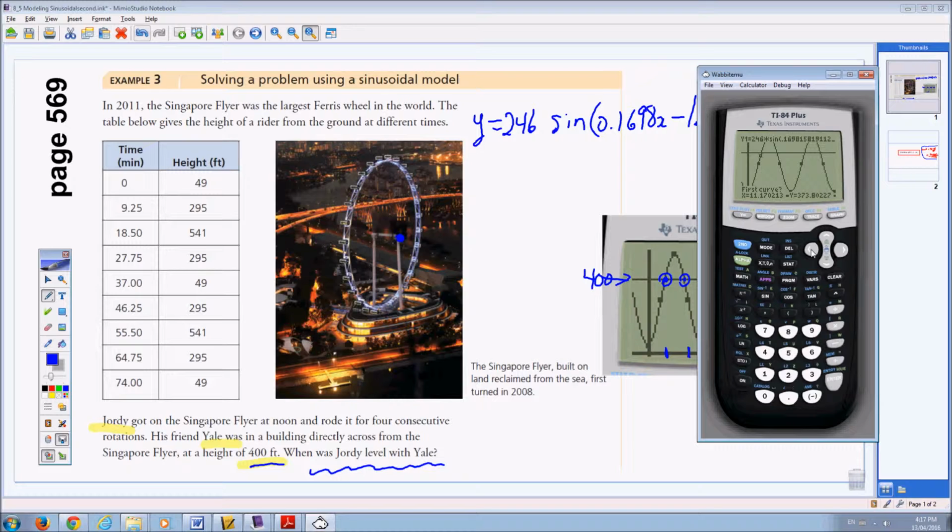I'm looking for where it intersects with the line, and I'm going to get it very close and then hit enter, and now it asks me for my second curve, and I'm happy with where it has popped in on this one. It's very close to the point of intersection. Enter, and again we don't guess, so enter again, and so this point of intersection is 11.8, so 11.8 minutes when y equals 400. So I'm going to write that in.